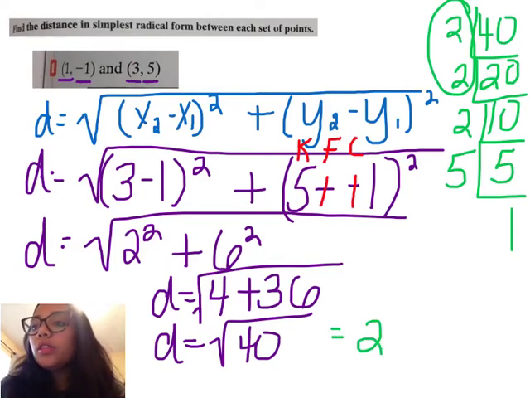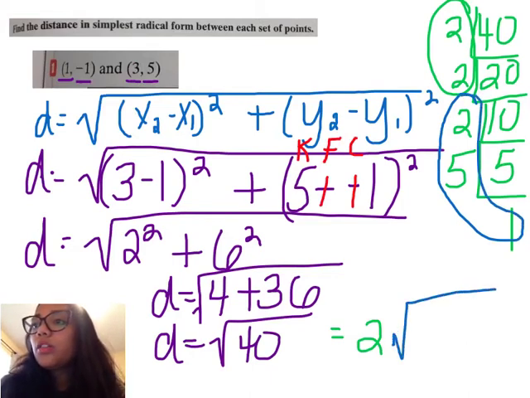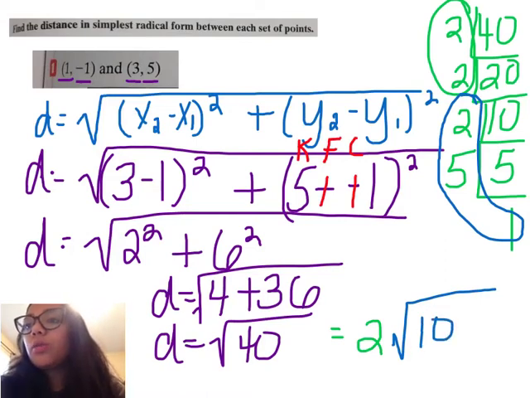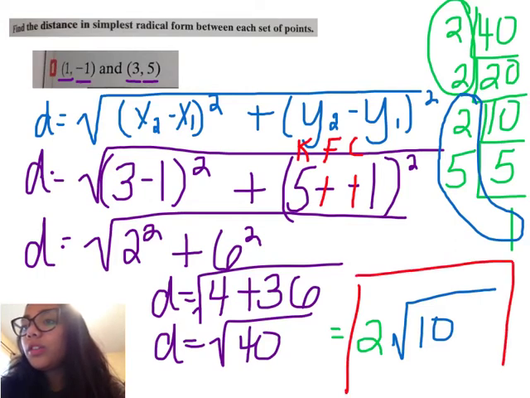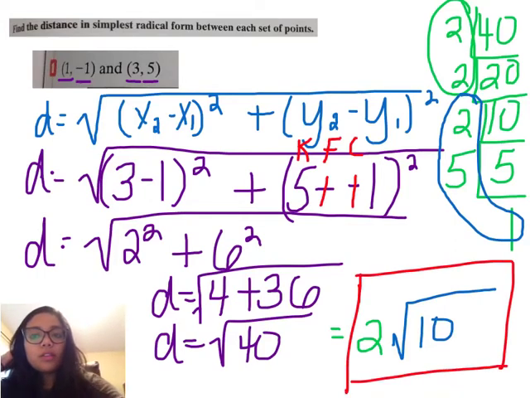Everything else that's not in pairs I have to multiply: 2 times 5 times 1 is 10. And now that is simplified to the smallest term, so 2 square root of 10 is my answer.